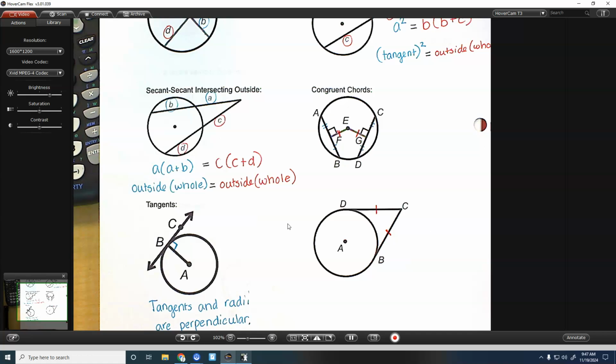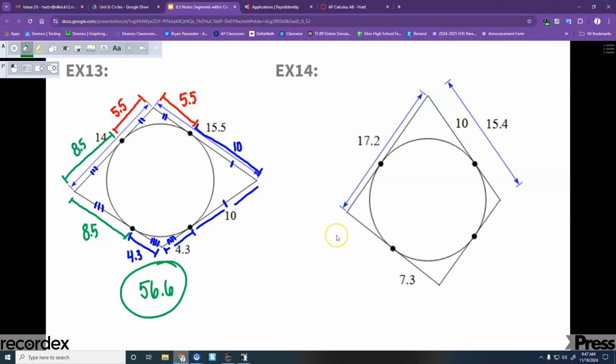Let's do these numbers. So I'll write it up here. You'll be able to see it better. We're going to do your homework. I want you to do 1 through 11 odd.